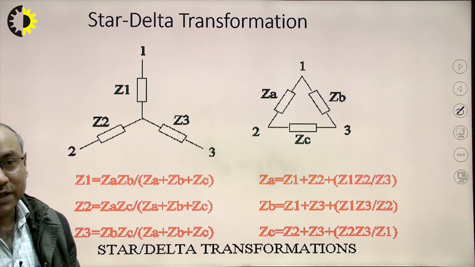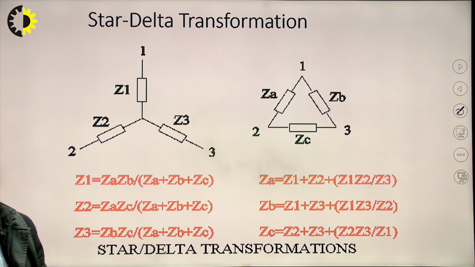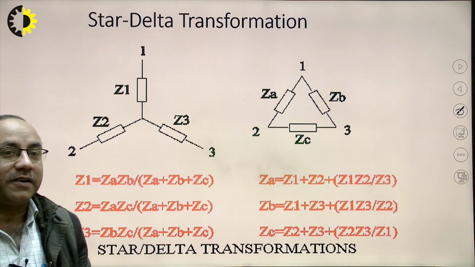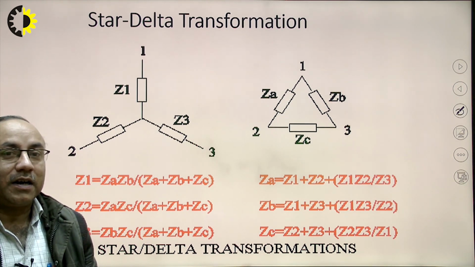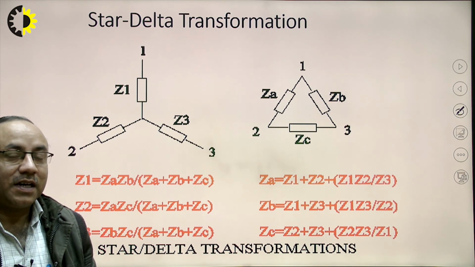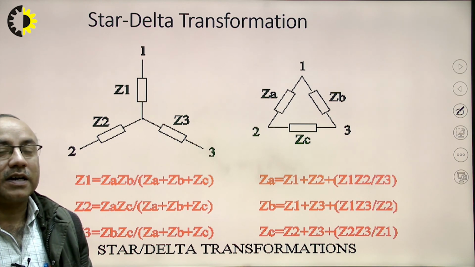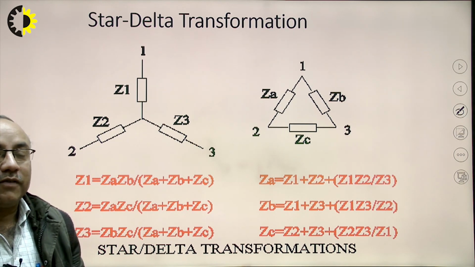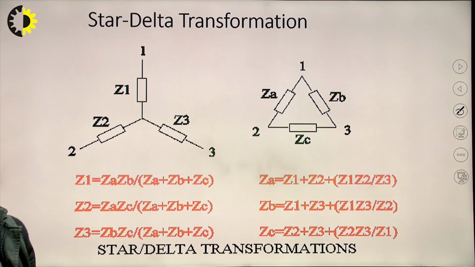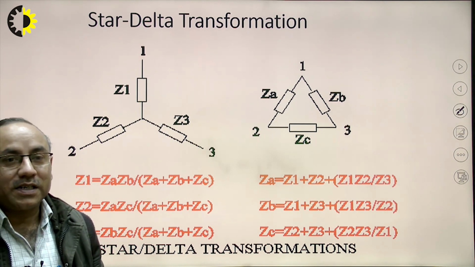Z1 is connected with terminal 1, Z2 with terminal 2 and Z3 with terminal 3, and in the delta we can see at the same terminals 1, 2 and 3, three impedances ZA, ZB and ZC connected in delta.